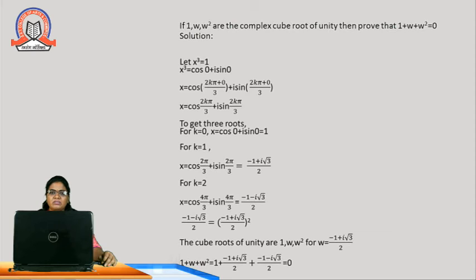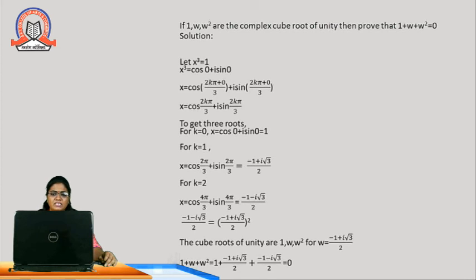Putting k equal to 0, 1, 2, we are getting 3 roots as x equal to 1, x equal to minus 1 plus i root 3 by 2, x equal to minus 1 minus i root 3 by 2. So we are checking here omega equal to omega square, it is true.